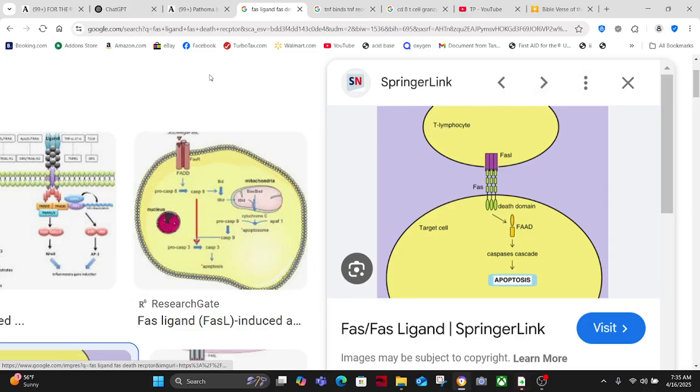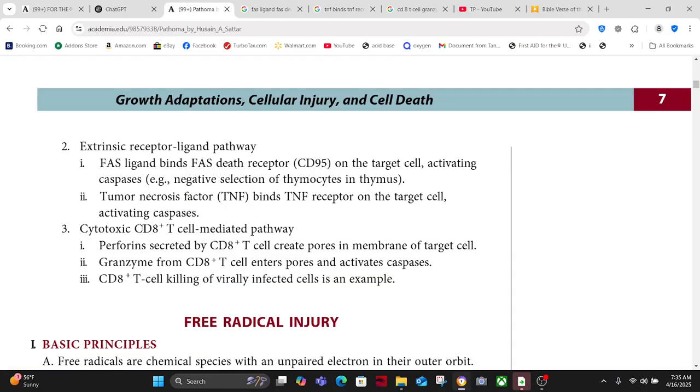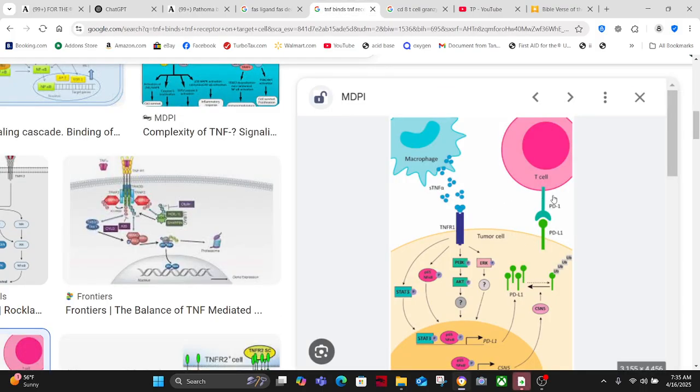We have the tumor necrosis factor binds a TNF receptor on the target cell, activating caspases. So TNF, which is tumor necrosis factor, is produced by the macrophage. Do you see the TNF right here?